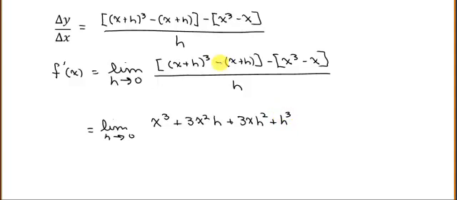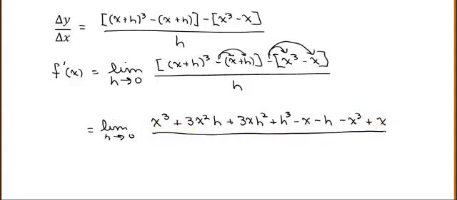And then I'll have to subtract this x plus h. Getting rid of grouping symbols, remember we'll have to distribute this negative sign through both terms, so minus x minus h. Again, get rid of grouping symbols, distribute the minus sign. And so we'll have minus x to the third plus x. And this will all be divided by h.